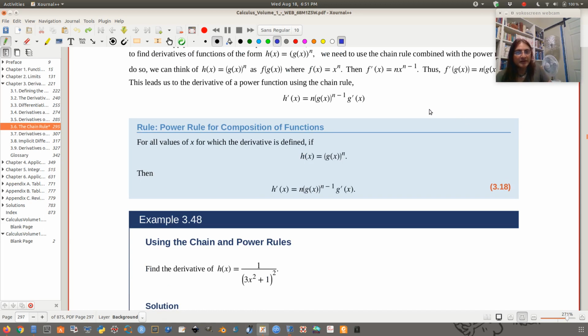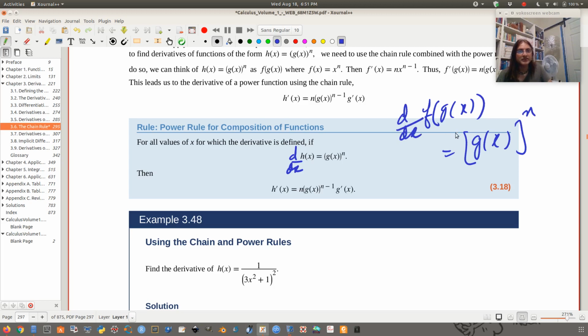This is f of g of x, where f takes g of x and puts a power n on it. So if you want to do dh over dx, it will be the derivative of this f with respect to g times dg over dx.